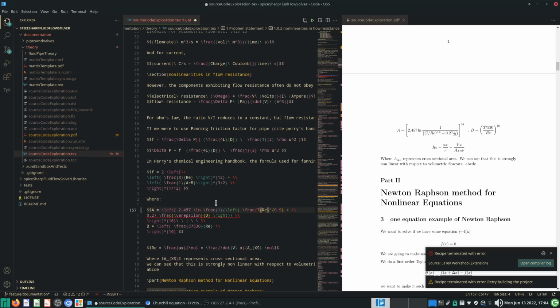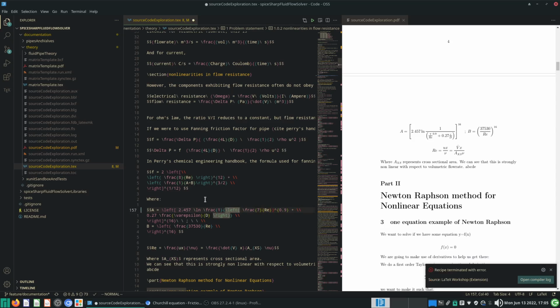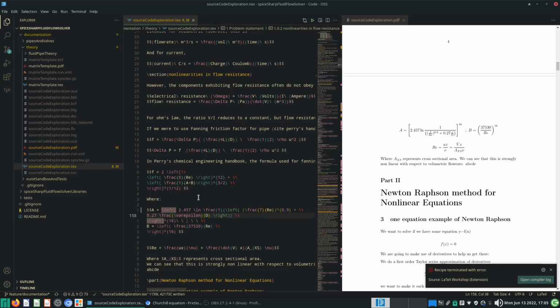Now insert another curly here. This should work about right. And there you go. One more bracket. Kill that other bracket. Okay. As you can see, this is the correct formula right here.